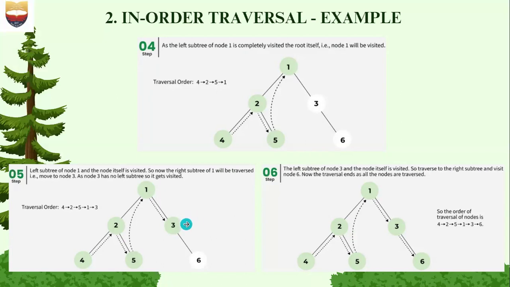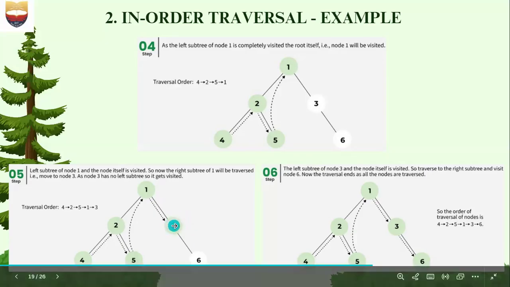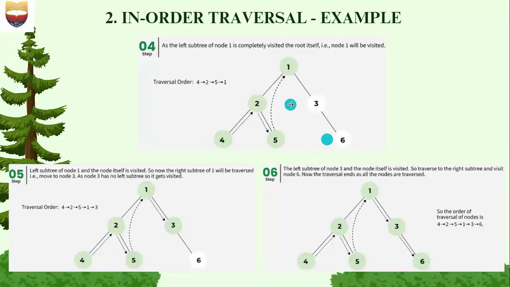Since node 3 doesn't have any left child, we can directly visit the parent node here. Therefore, in this step, node 3 is visited. After visiting node 3, we come to node 6, and this is the last node visited here. Therefore, the resultant order is 4, 2, 5, 1, 3, 6. This is the output of in-order traversal on this binary tree.